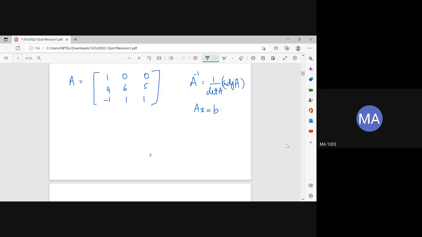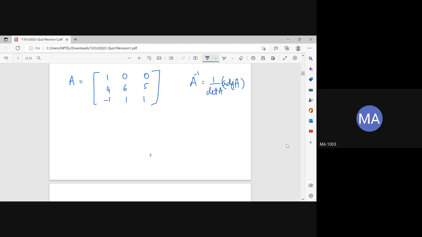Okay, what do you want to find out? You want to find A inverse. B equals 1, 0, 0; 0, 1, 0; and 0, 0, 1, and solve three systems, right? Yes, you can do that also. But let's not get into all those details. That's not needed.